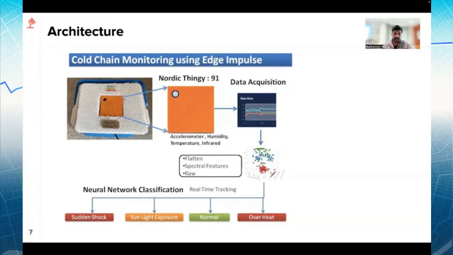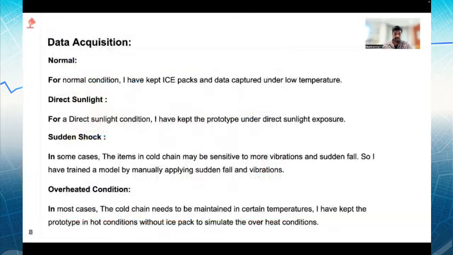Later I'll explain that in detail. The outcome of the neural network classification is whether it's a sudden shock, sunlight exposure, normal, or overheated. These are the outputs that come from this model.